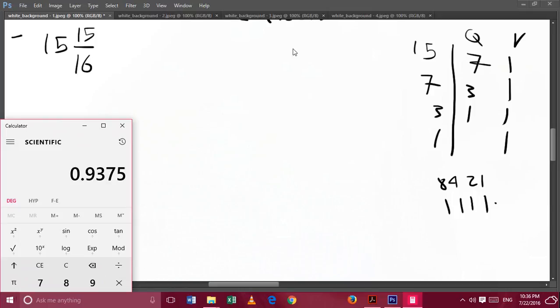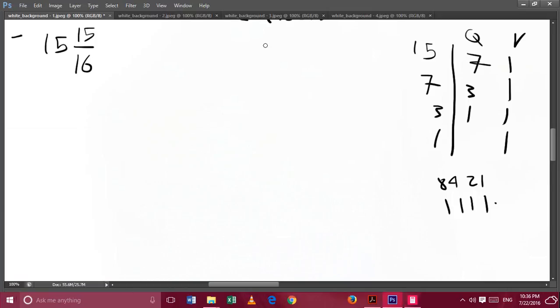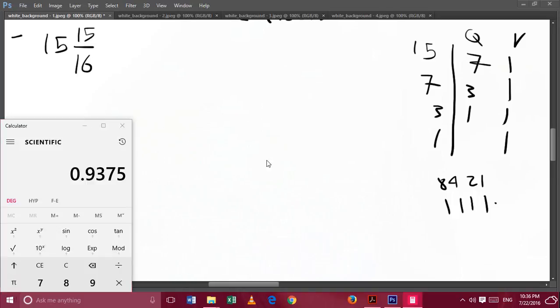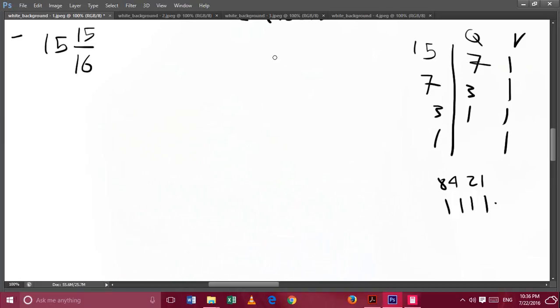So we're going to convert this number, 9375. So let's convert this to binary.